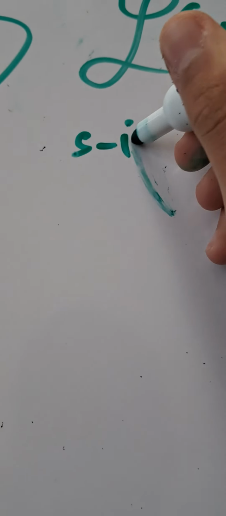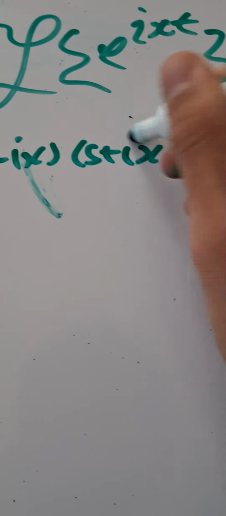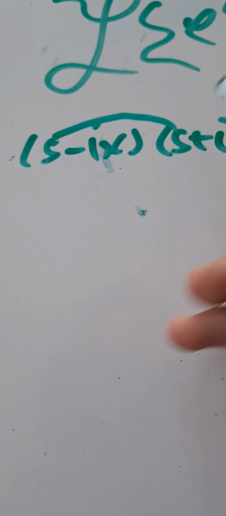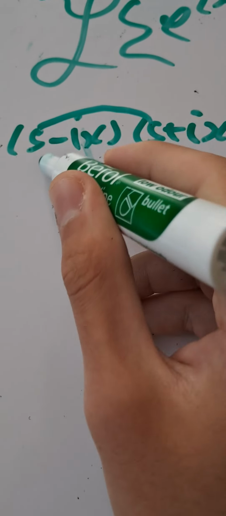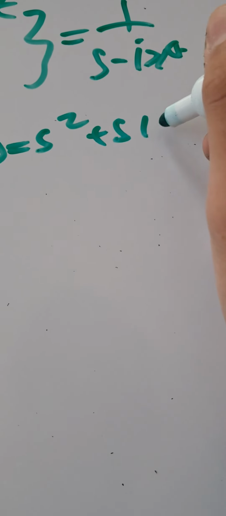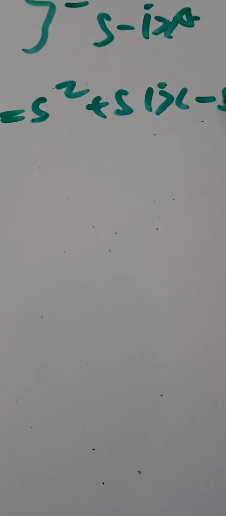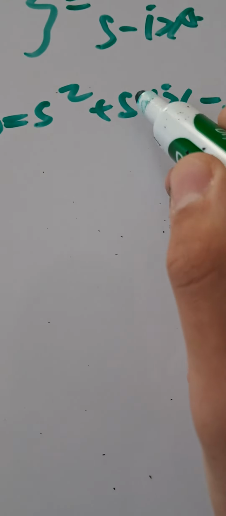So by multiplying by the conjugate, I'm going to use FOIL. S times s, we get s squared. S times ix, that leaves us with six, and negative ix times s, but we see these cancel out.